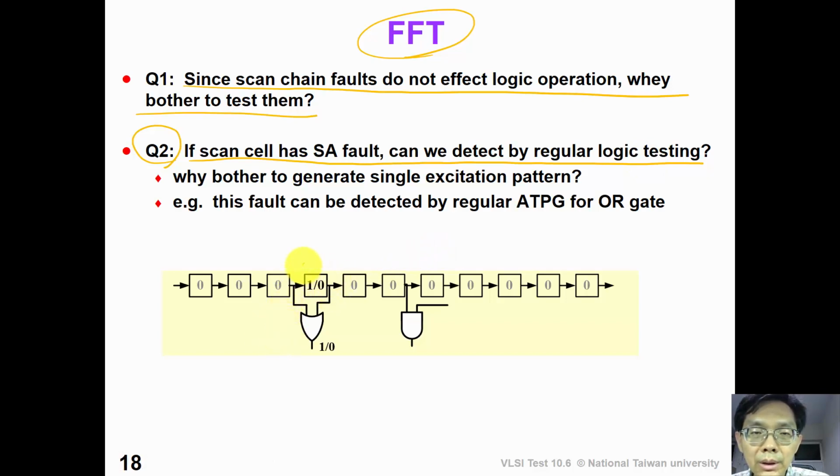For example, if this cell is stuck at 0, can we just generate a logic ATPG pattern to detect it? Why do we need a special purpose single excitation pattern? Please think about these 2 questions. Thank you.